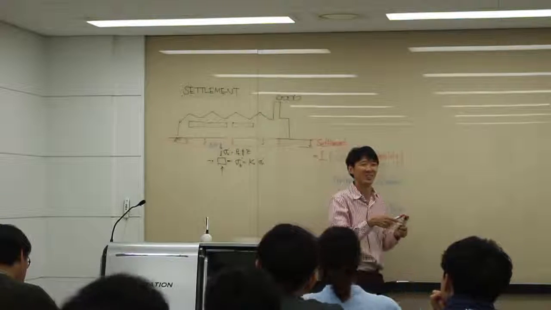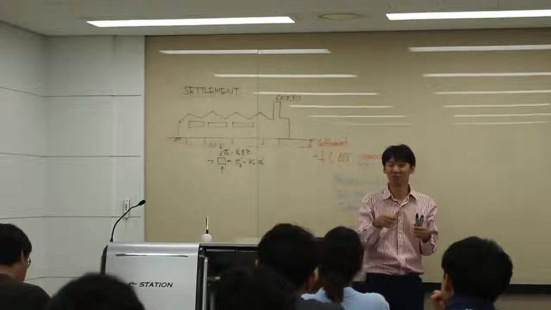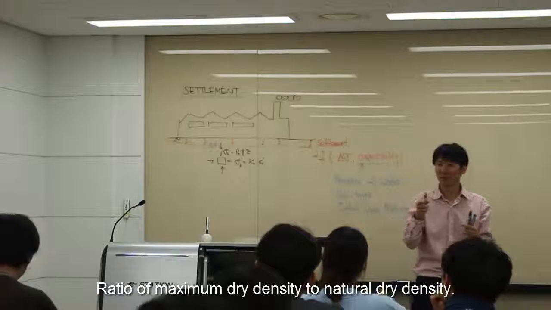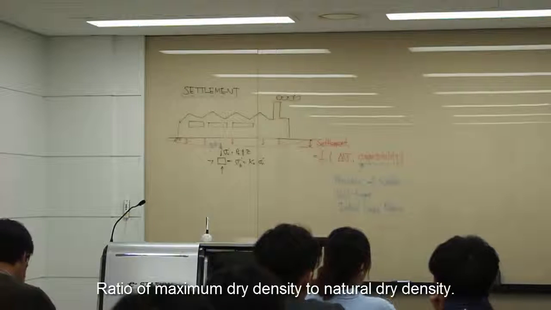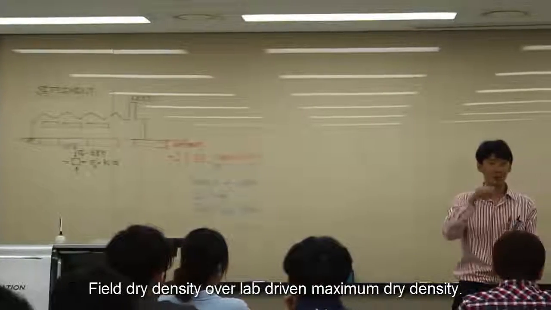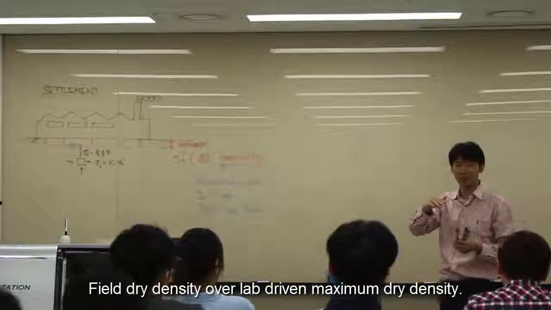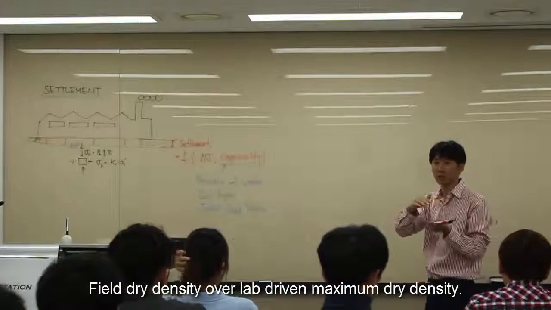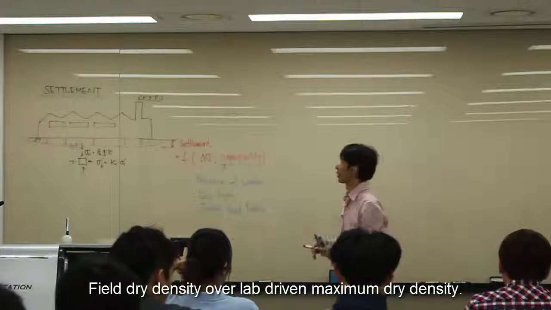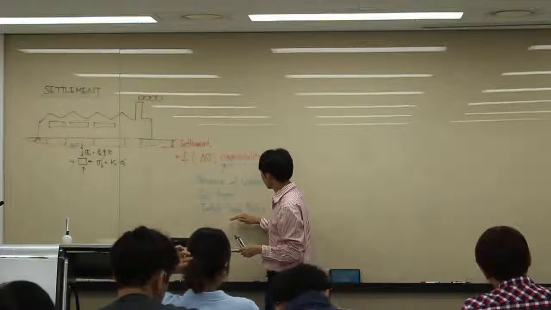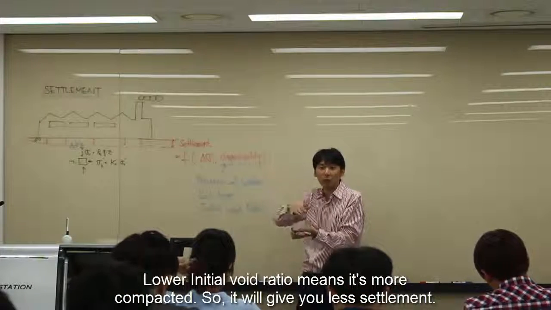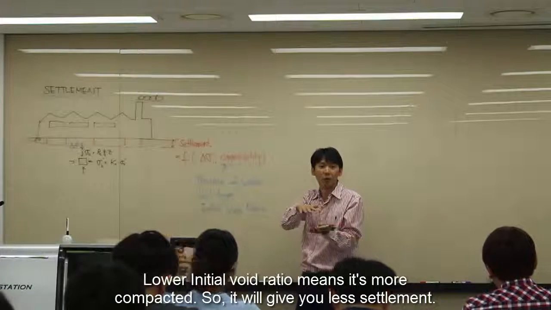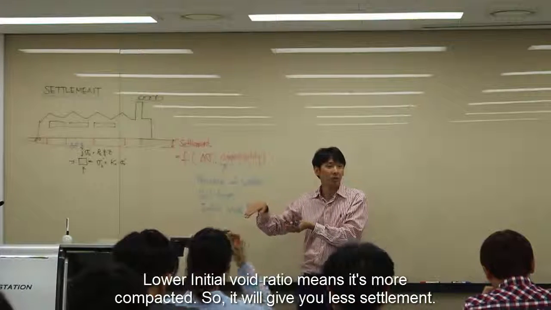Field dry density over laboratory maximum dry density, times something, will give you the relative compaction. So if the initial void ratio is lower, it means it's more compacted, so it will give you less settlement.